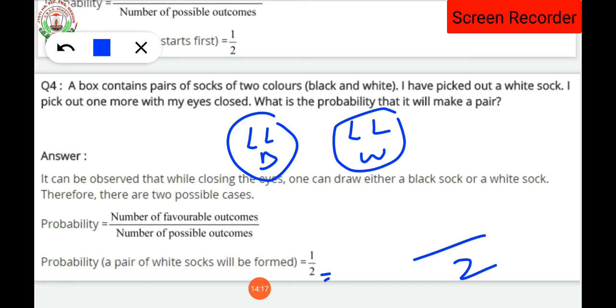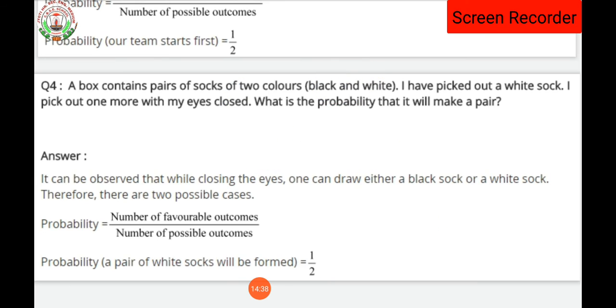So that's why 2 is coming in the denominator. This is the first pair, this is the second pair. So by mistake, with my eyes closed, I had chosen the white sock. Then after, one more sock is chosen by me, isn't it? So the probability of a pair being formed is 1, because one pair of white socks is there. So have you understood the question?